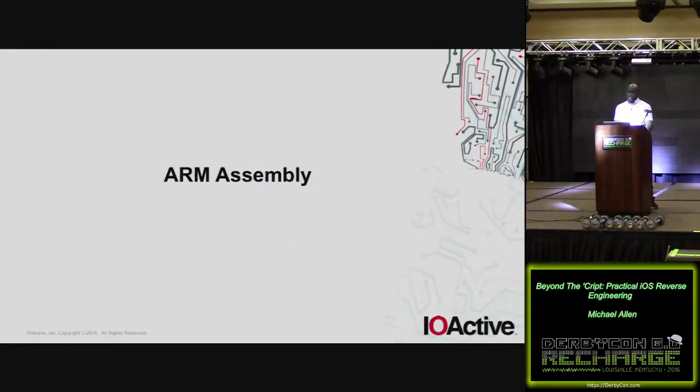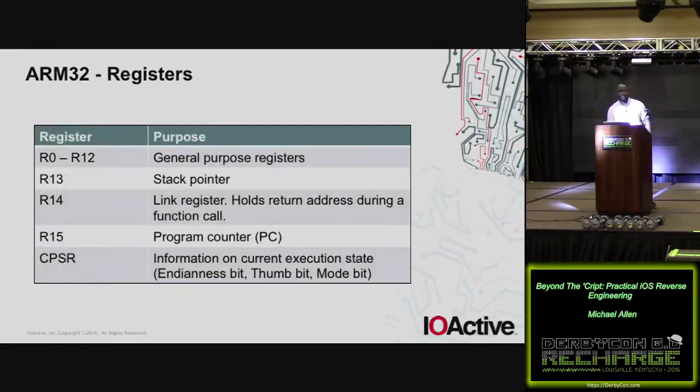So, ARM assembly, of course, we're targeting ARM devices here. Very quickly, ARM 32 has a bunch of registers, R0 to R12, general purpose. We have our stack pointer, we have our link register, which stores the return address after a function call, and we have R15 being the program counter.